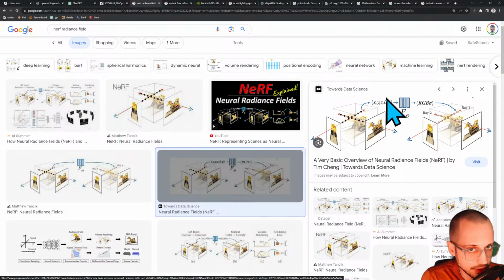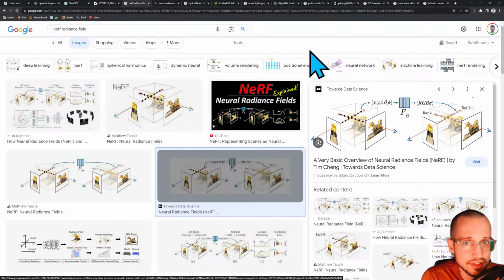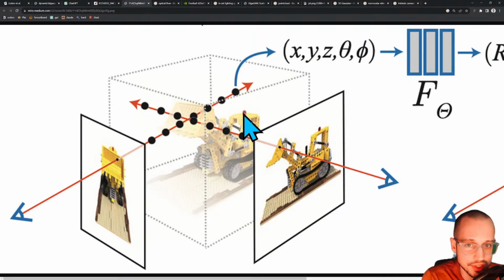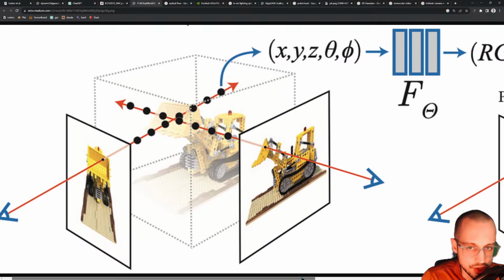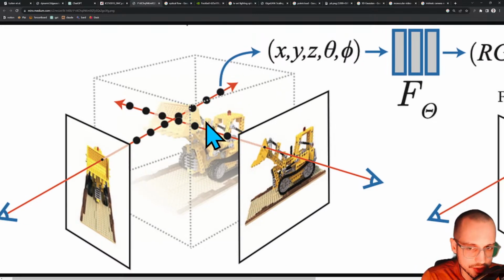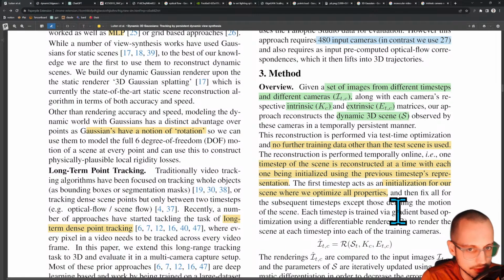So even if your little neural net here is tiny, even if it's like a 3-layer multi-layer perceptron, which is kind of what they're showing here, 3 little layer neural net, even if it's tiny, you're performing thousands and thousands and thousands of these inferences. So that's why NeRFs are very slow. But here, there's no neural net, there's no inference. You just have these 3D Gaussians and they're moving, so all you got to do is just keep track of them. And computers that we have nowadays are pretty good at that.